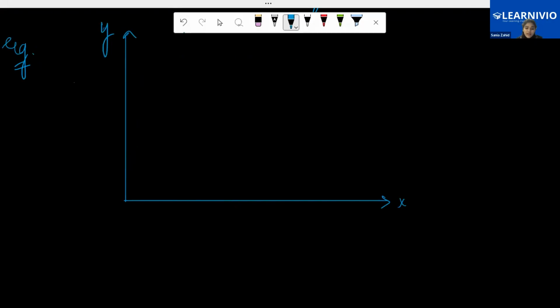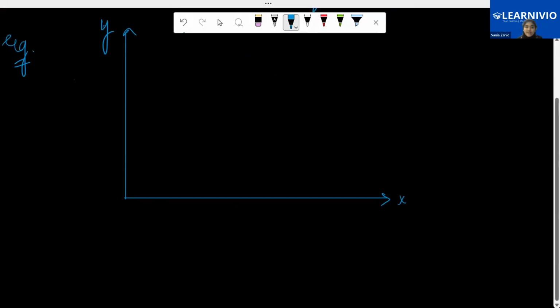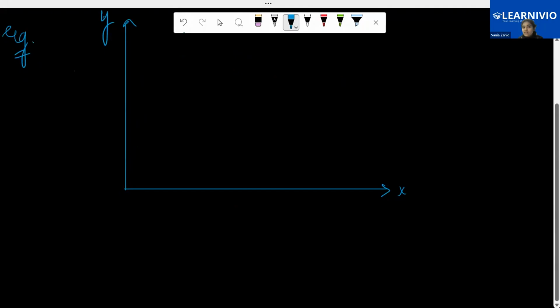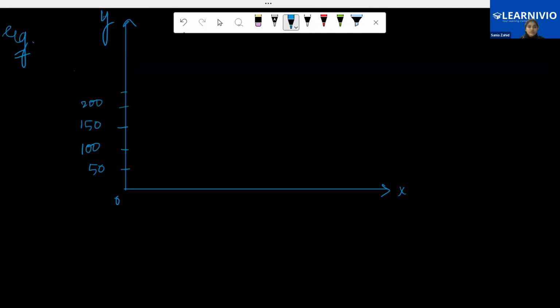Now let's suppose that I have to mark the number of students in class 8th according to the academic year. First of all, I'll take some points and start marking them on the y-axis: 50, 100, 150, 200, 250, 300, 350, and 400.